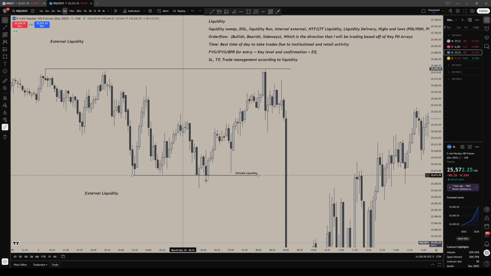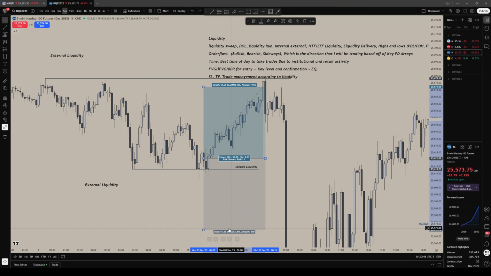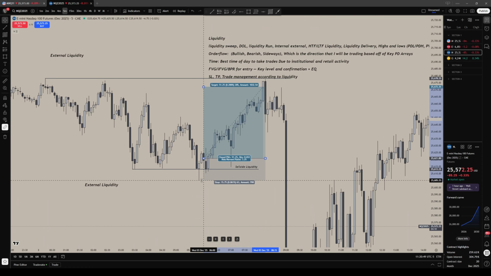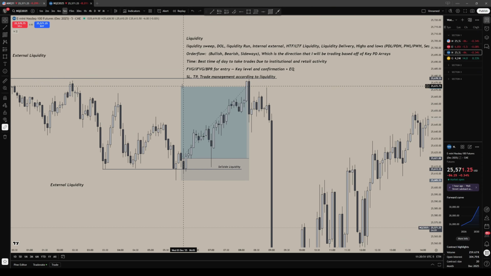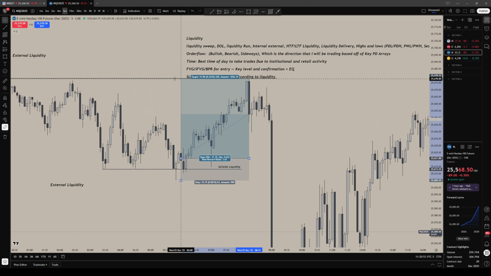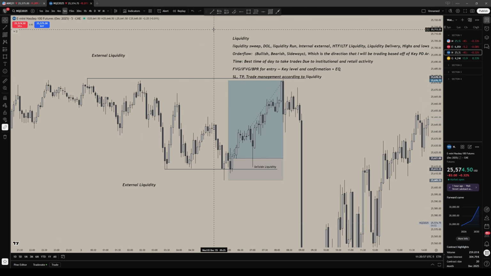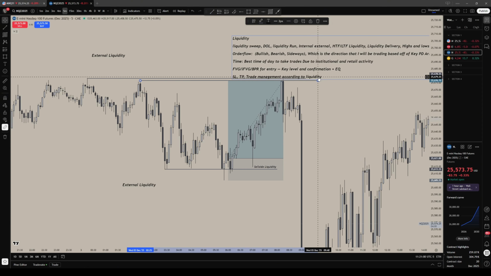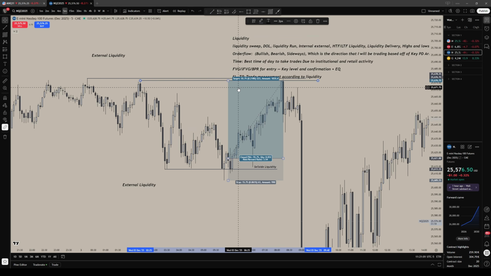Why am I stating this? Because when you trade and you enter here, let's pretend, without getting into why I entered here yet, that you put your stop under the protected low, which I'll explain, and you target external. Let's say you targeted the lower one of the relative equal highs, even if it's a few points.